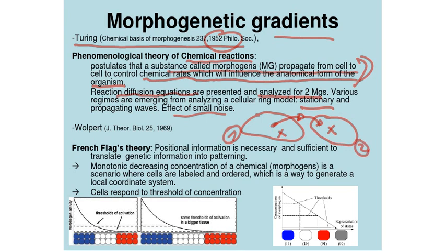So you need here a mechanism for specifically addressing this question. So before this, let's go to the concept of the French flag, which is an idea of positional information which is necessary and sufficient to translate genetic information into patterning. So basically the idea is the following. The cell is able to read this gradient.